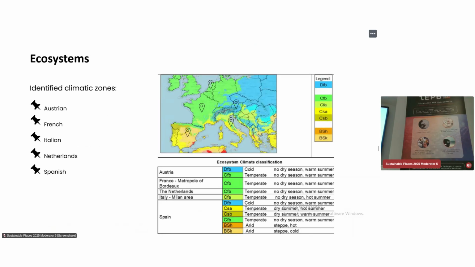To achieve this, we developed 5 comprehensive approaches through European ecosystems, of which the first one is the Austria ecosystem. Second, we have France, Italy, Netherlands, and Spain.